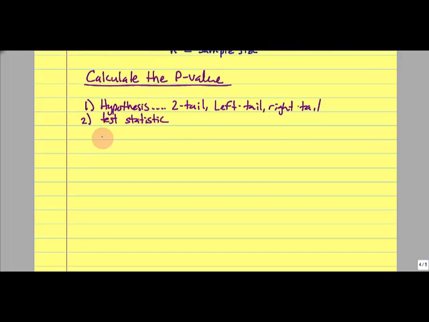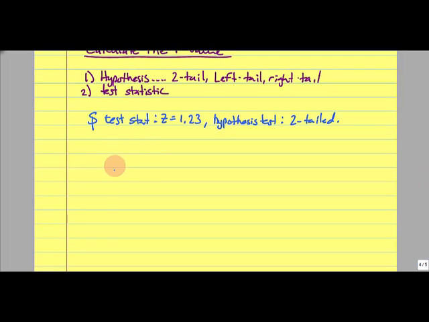For our first example, let's suppose our test statistic is Z equals 1.23, and let's say my hypothesis test is two-tailed.